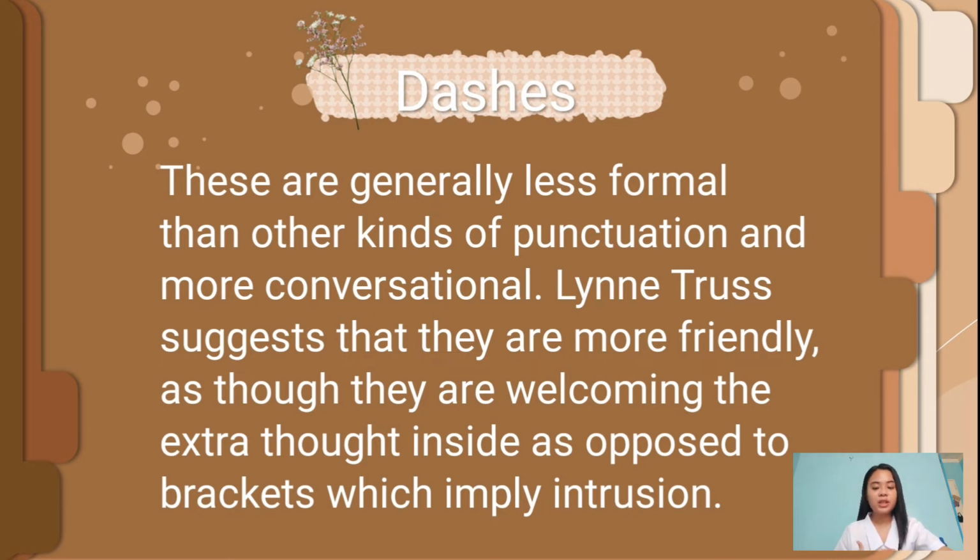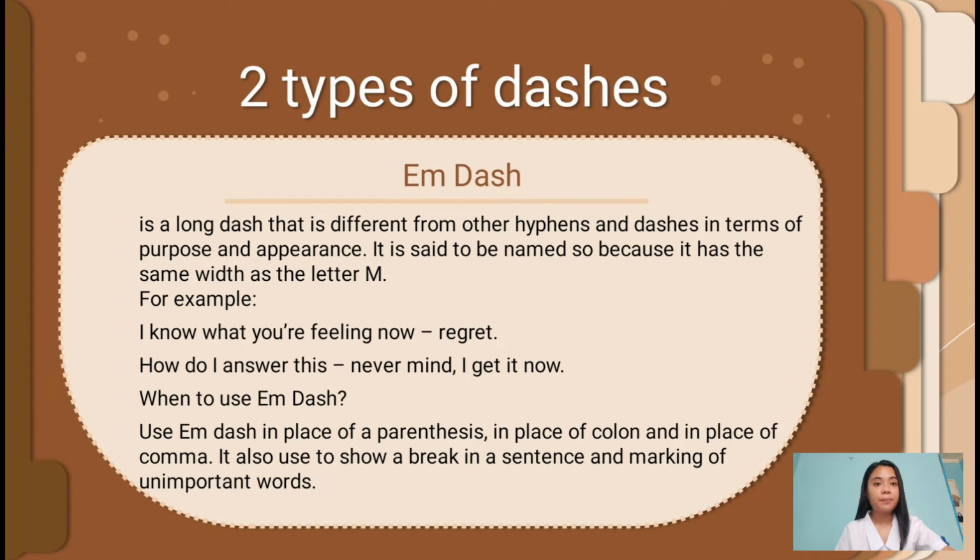So dash is a punctuation mark that is used especially to show a break in thought in the structure of a sentence. Many times the dash is used to replace a comma, but provide emphasis that is not gained by the use of a simple comma. So we have here the 2 types of dashes.